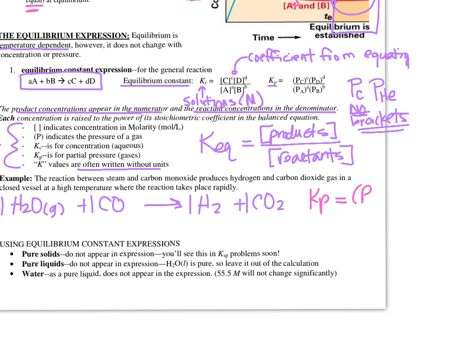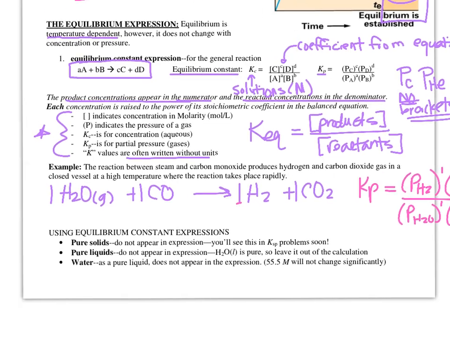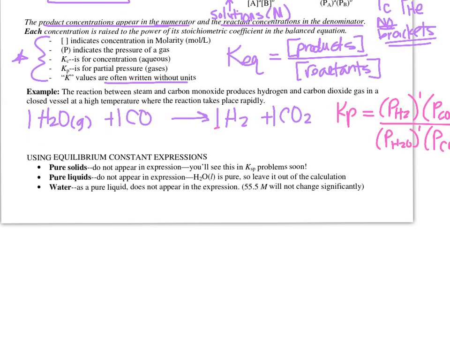So the pressure of H2 to the first, which you don't really have to write the ones because that's the coefficient, the pressure of CO2 to the first, over my reactants, which is the pressure of the water vapor and the pressure of CO to the first. All right, so that would be my equilibrium expression for that chemical equation. Pretty easy. It just goes with what you have and you're using the coefficients.